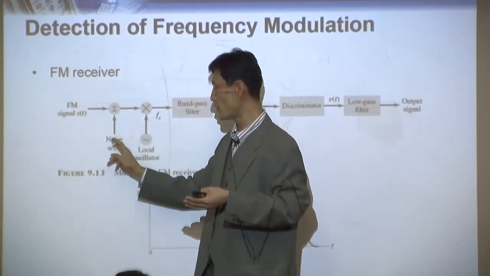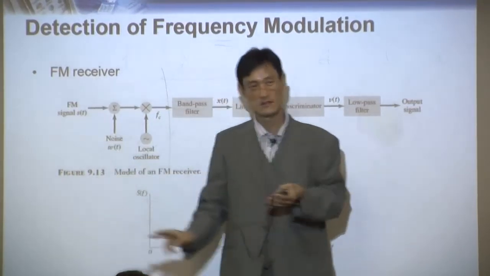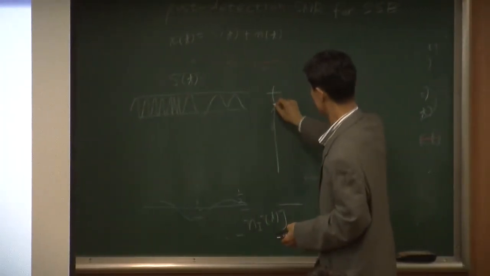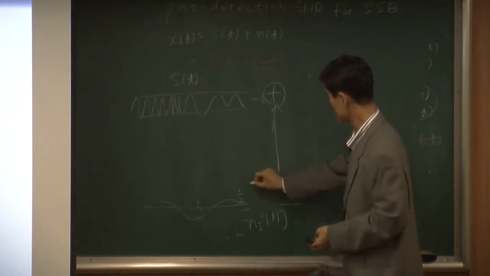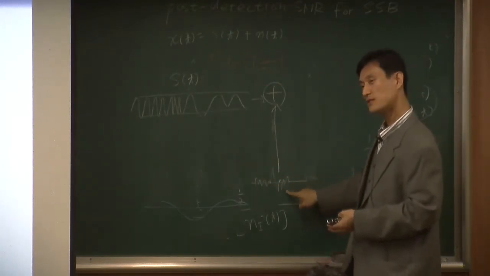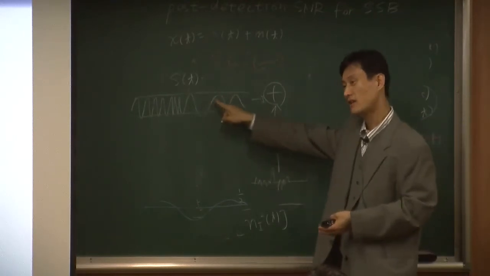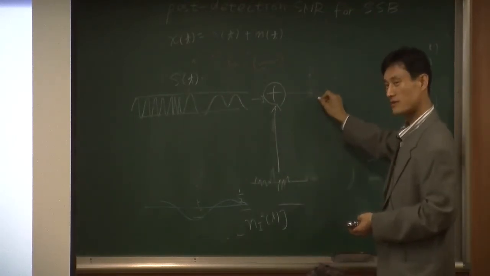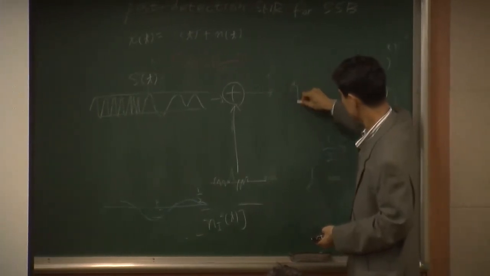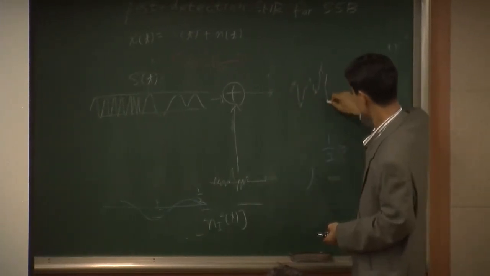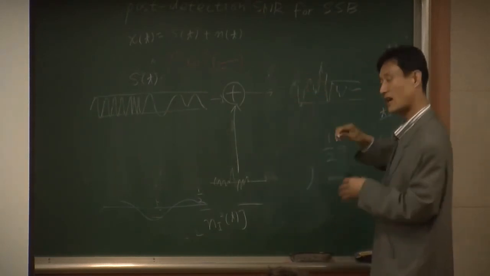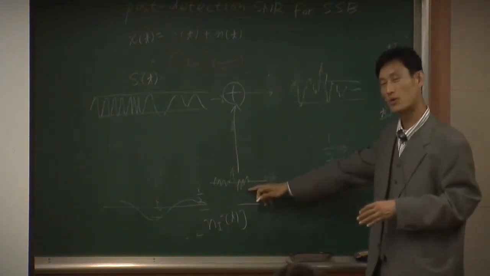Now we have noise added. Our noise is added here, and our noise is like this. Once you add the noise into our ST, what is going to be the output? Your output probably has something like this, right? It's not flat anymore. It's not constant anymore because we have noise.